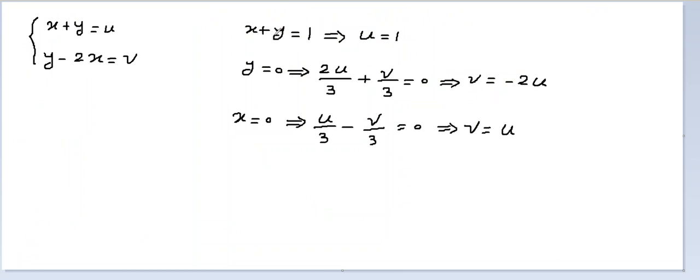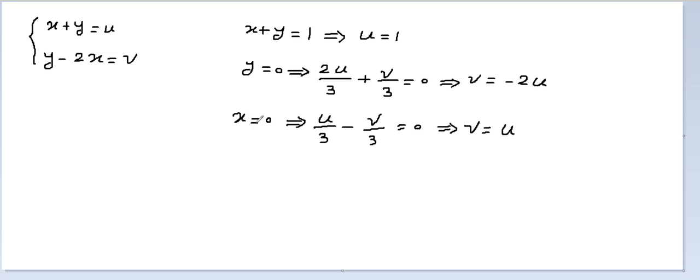When x plus y equals 1, then u equals 1. When y equals 0, it means 2u over 3 plus v over 3 equals 0, which is equivalent to v equals minus 2u.